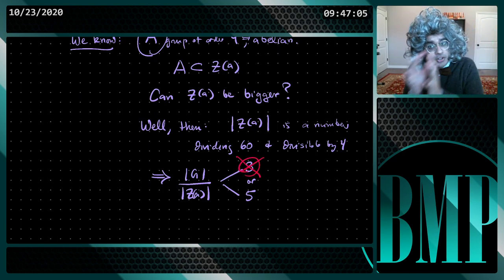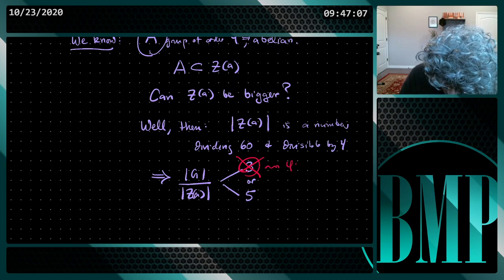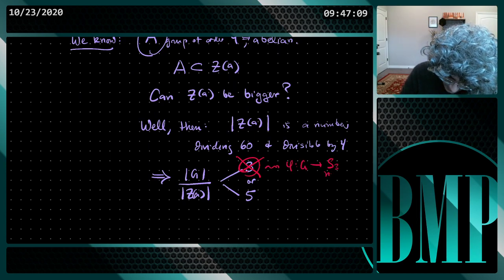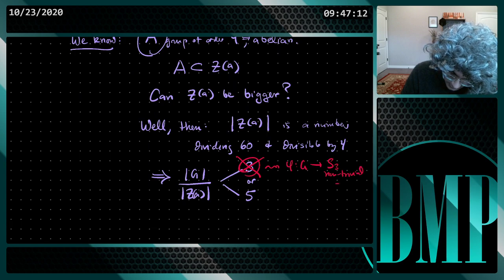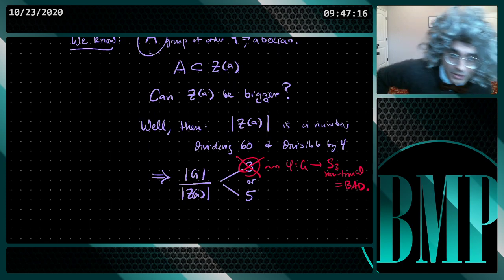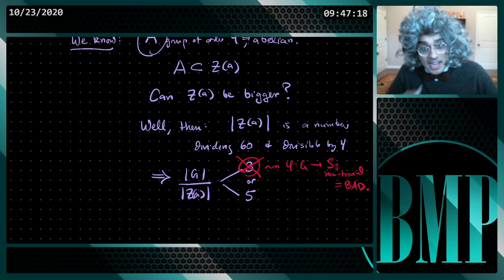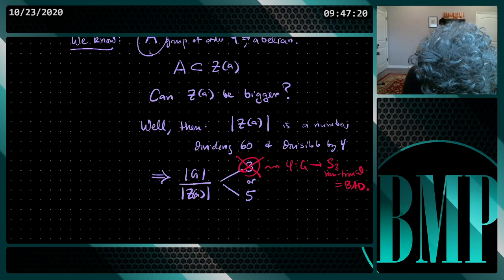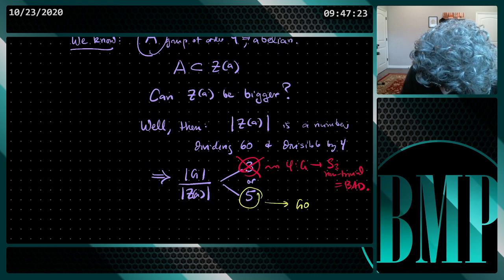Because then you'd get a non-trivial homomorphism, which is bad. You'll get a non-trivial kernel. If it's 5, you're still done. This is gold.